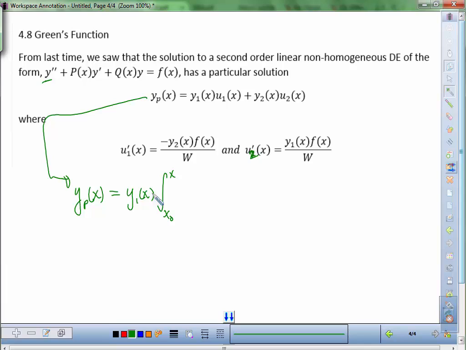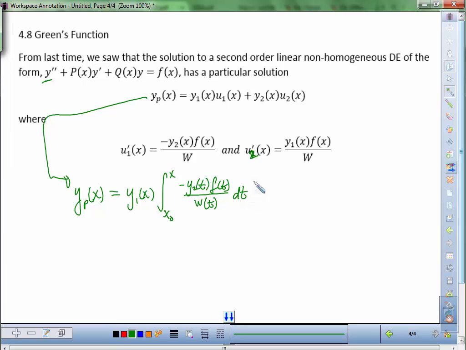Now, with integrals, if I denote the upper limit to be a variable, that means I cannot use the same variable inside. So I'm going to use a dummy variable t. I'm going to take my u1 prime and change the variable to t and make them all functions of t. So minus y2 of t, f of t, divided by W. Now that Wronskian is that y1 times y2 prime business, but I'm just going to keep it as a W, so I don't have to write all those things. And again, I'm going to change the variables inside of W to t's.